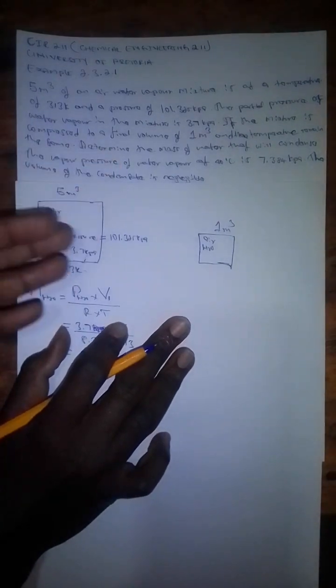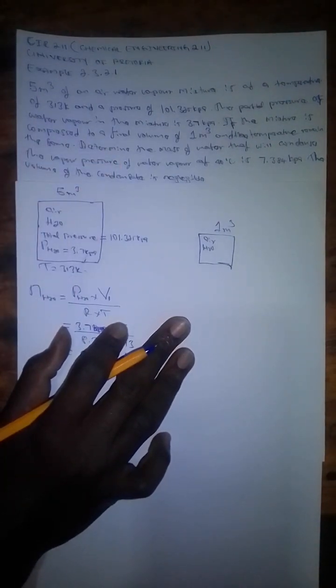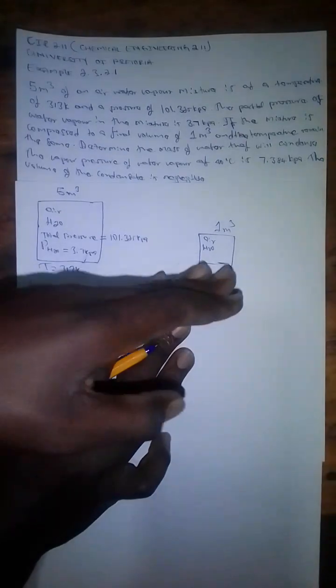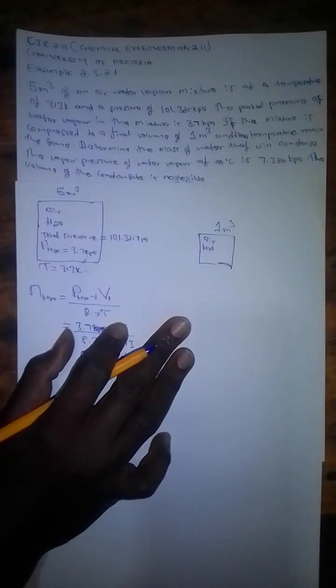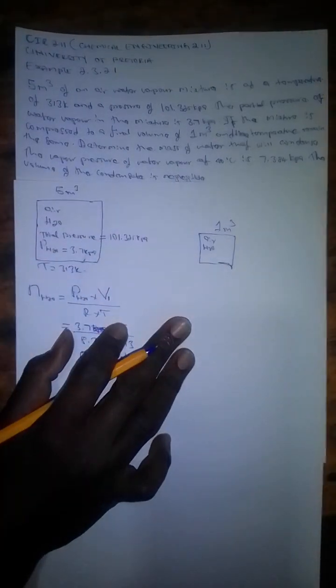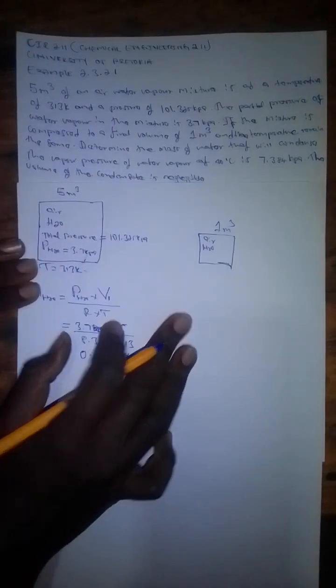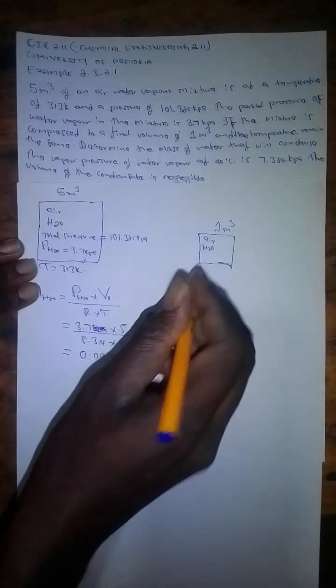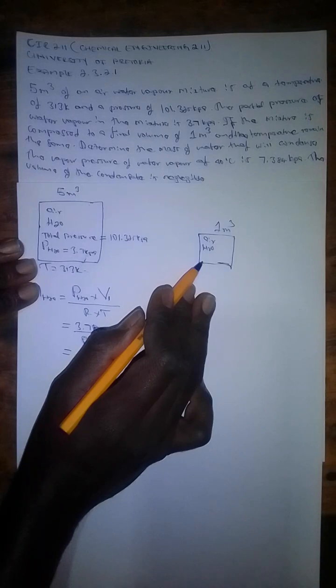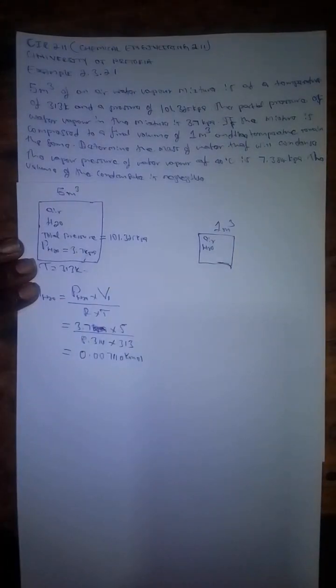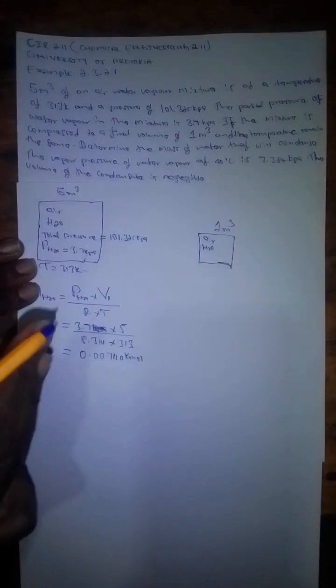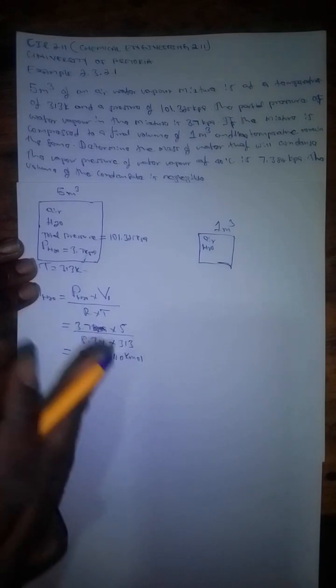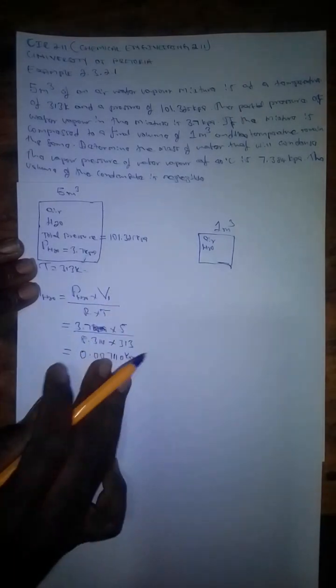Now we are told that we need to calculate the amount of water that condensed. Even though we are asked this, it's important to understand that at this moment we can't really tell if there's liquid water in there, right? Which means that we're going to need to do a little test to verify if indeed there's liquid water here.